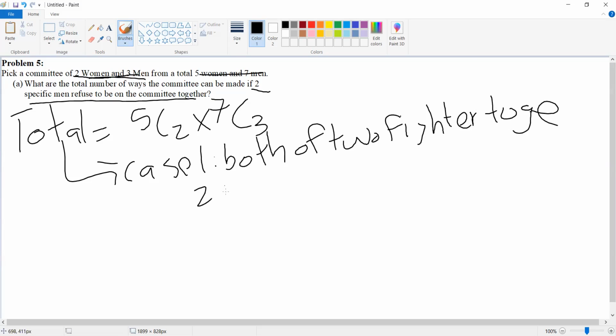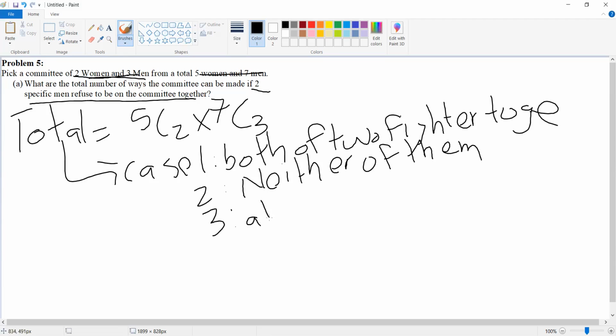Case 2, you have neither of them. And the third one is at least one of them. So this total is a culmination of all of these 3 cases.